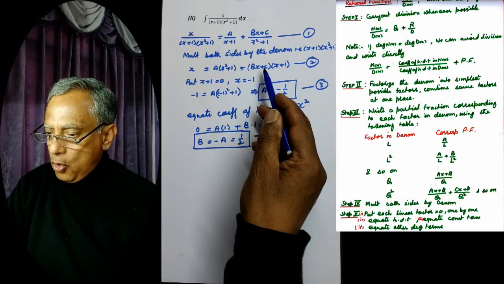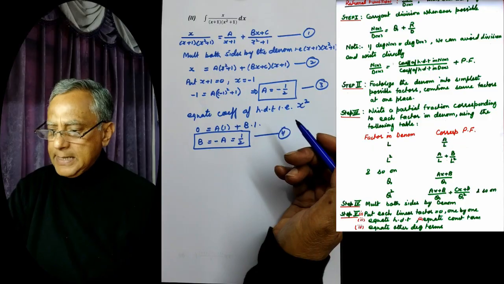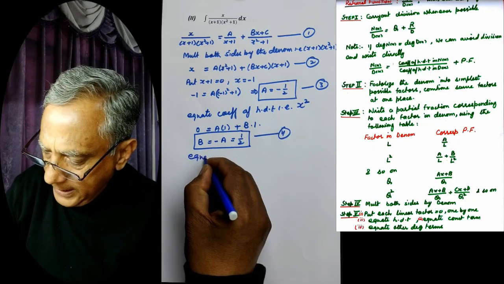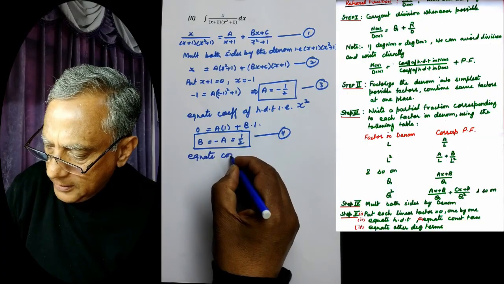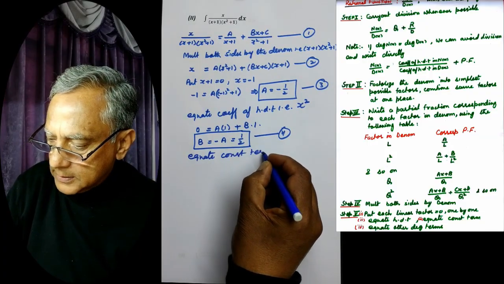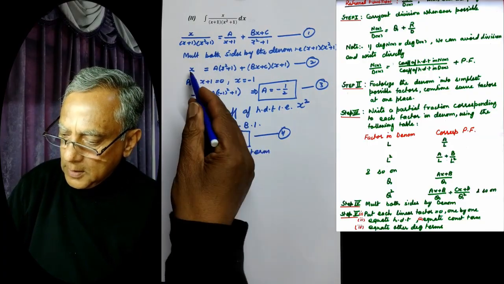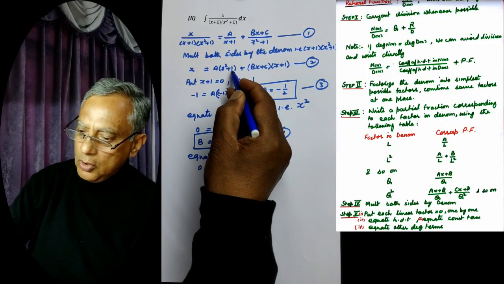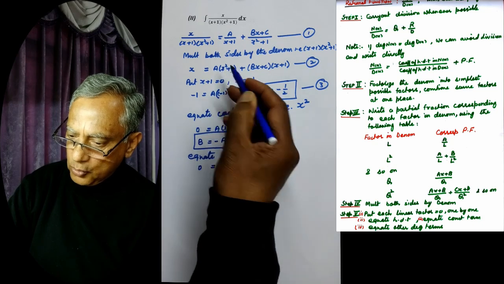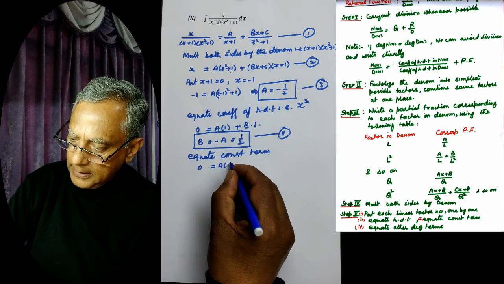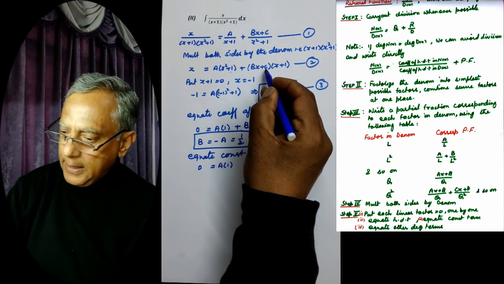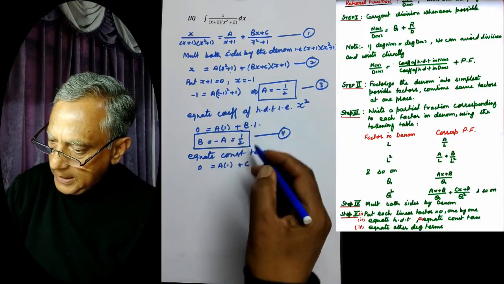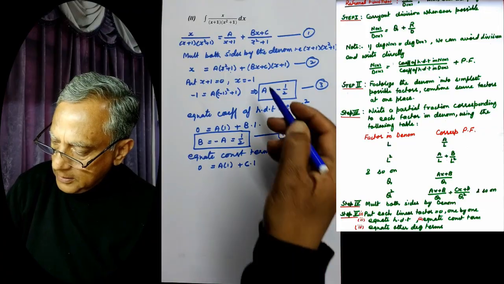Now one more constant is left, that is c. So to find c, we will equate the constant term. The constant term on the left hand side is 0. On the right there will be a constant term a into 1, and the constant term here is c, and in this bracket the constant term is 1.